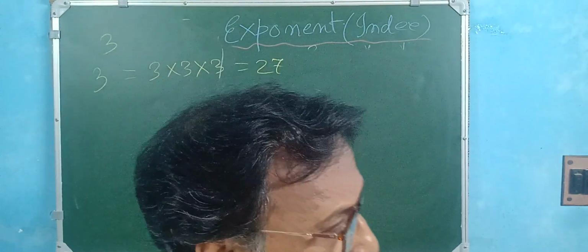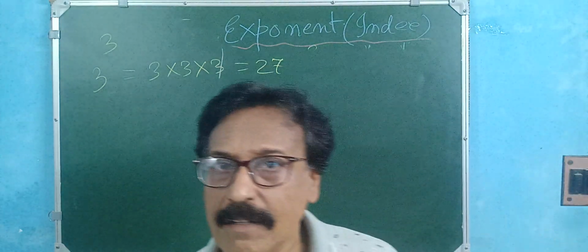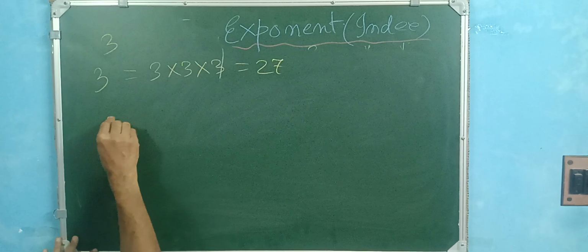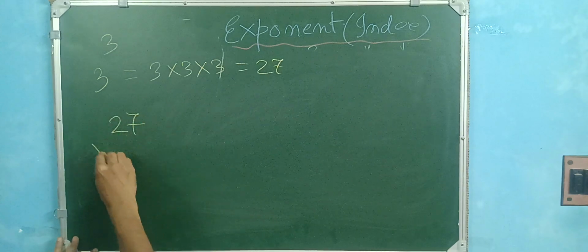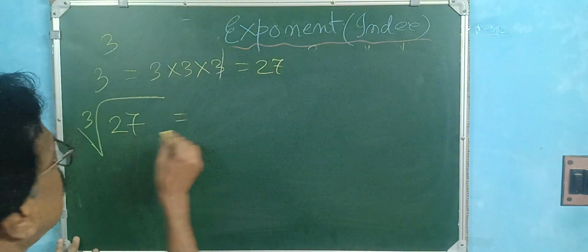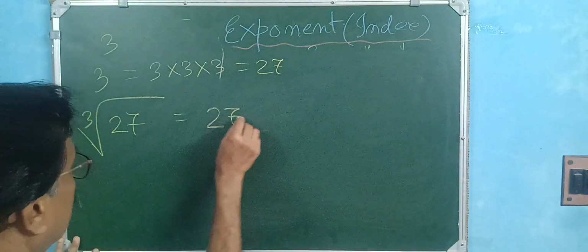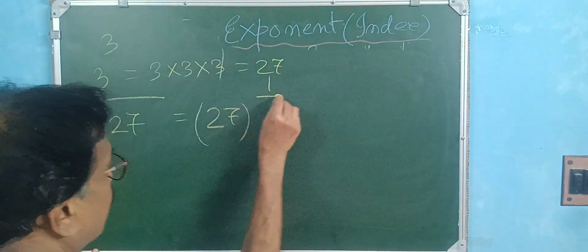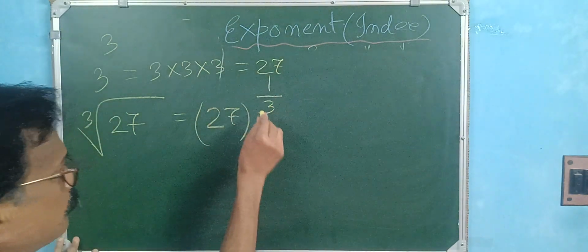Okay, this is the cube of 3. Don't panic, I will increase gradually. So the cube root of 27. This is the base actually. And under the root it is always 1 by 3, and what is the value? 3.